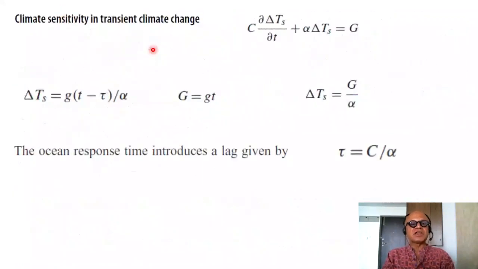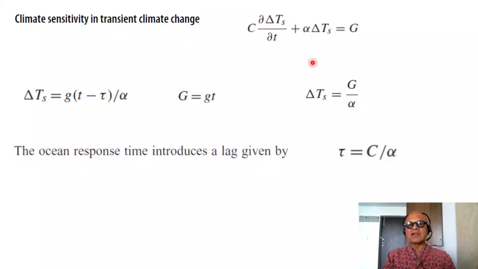So in that sense, we can come back to climate sensitivity in transient climate change, where surface temperature is still changing. So you have some constant, let's say, heat capacity C times d(ΔTs)/dt, plus the term we had before, the climate feedback term alpha times ΔTs.